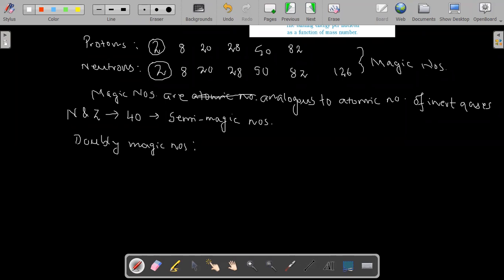I'm going to give you some examples of these elements. They are going to show highly exceptional stability.